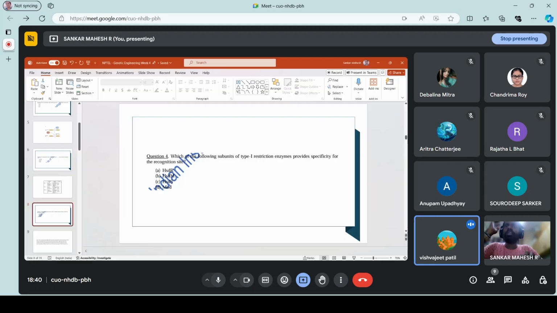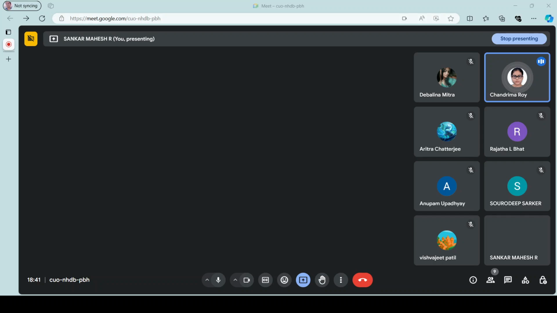Now, Chandrima, what do you know about HSDS? Actually, it is recognizing the restriction sites, that portion where it is cutting. So that is what recognizes the palindromic sequence. Yes. Right.